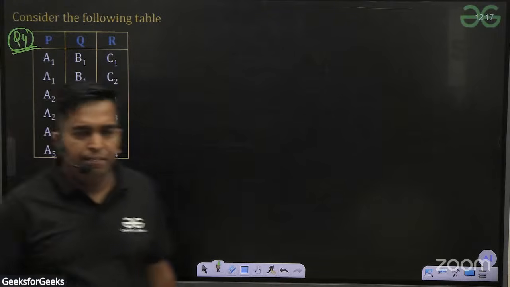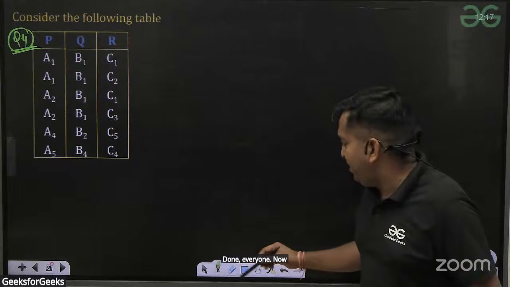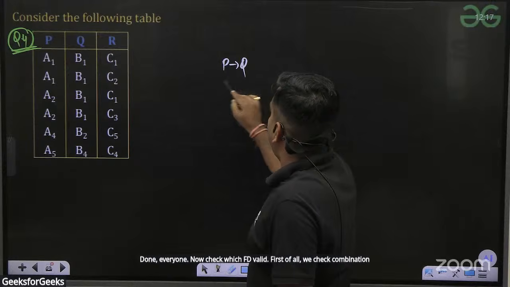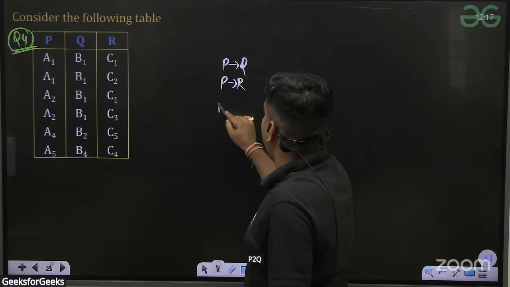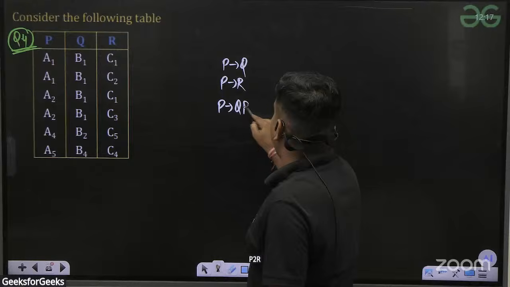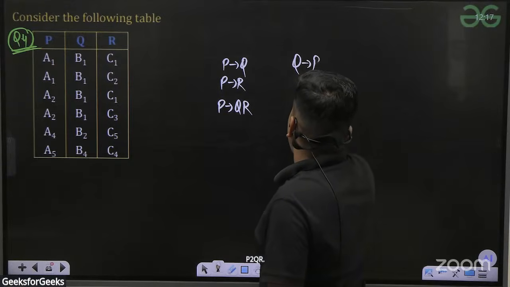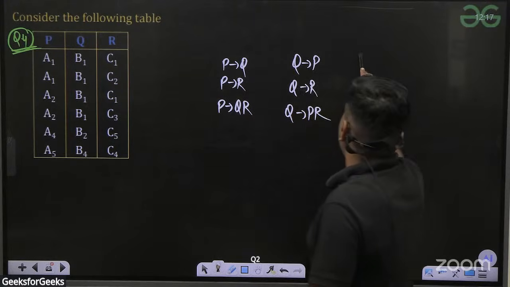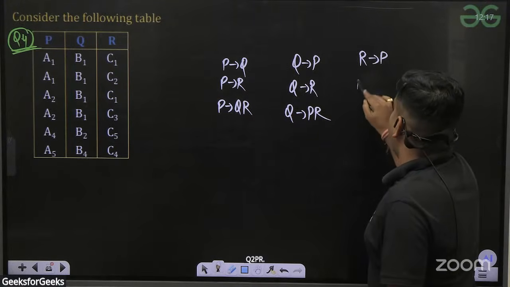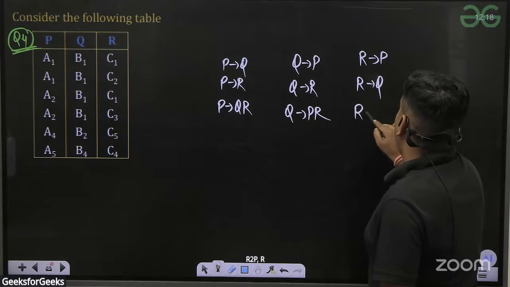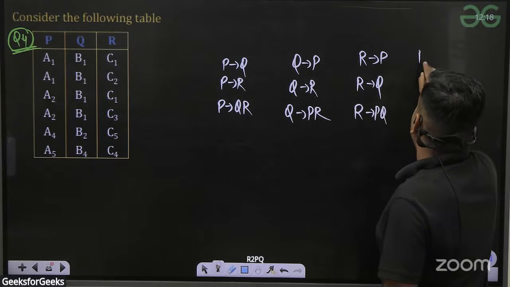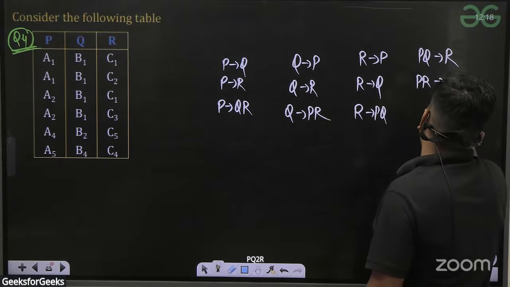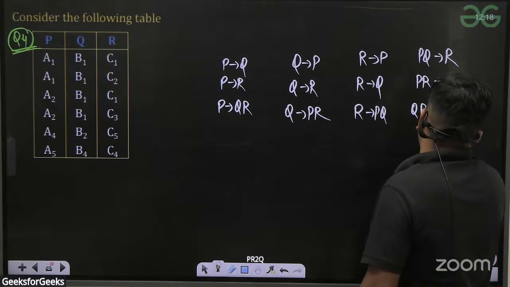Done, everyone? Now check which FD is valid. First of all, we check the combinations P2Q, P2R, P2QR, Q2P, Q2R, Q2PR, R2P, R2Q, R2PQ, PQ2R, PR2Q, QR2P.